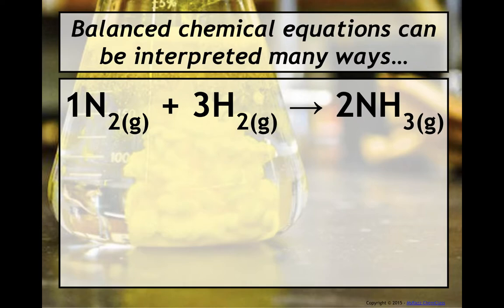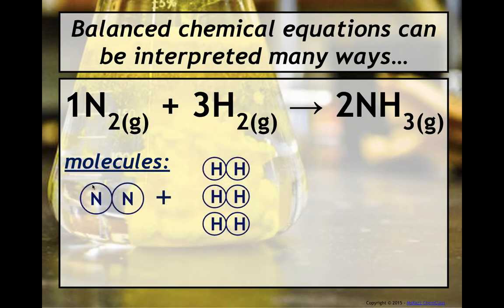Okay. So one way that we can look at this is by counting the molecules that are there. What does diatomic nitrogen mean? Well, it means that we have 2 atoms of nitrogen that are bonded covalently together. And then think about how many hydrogens there are. This is 1 diatomic hydrogen, but to balance it out, we need to put a coefficient of 3 on the front.